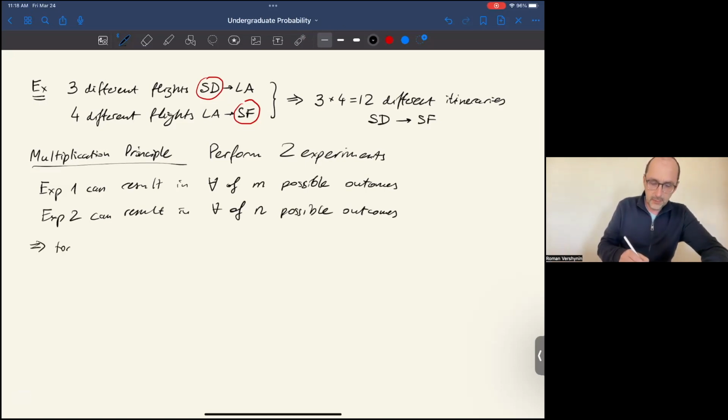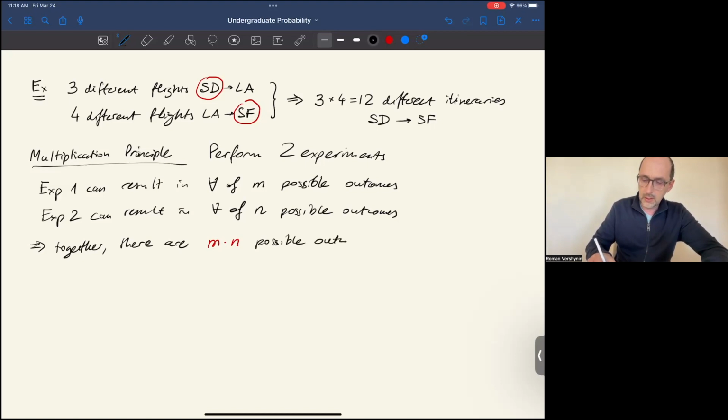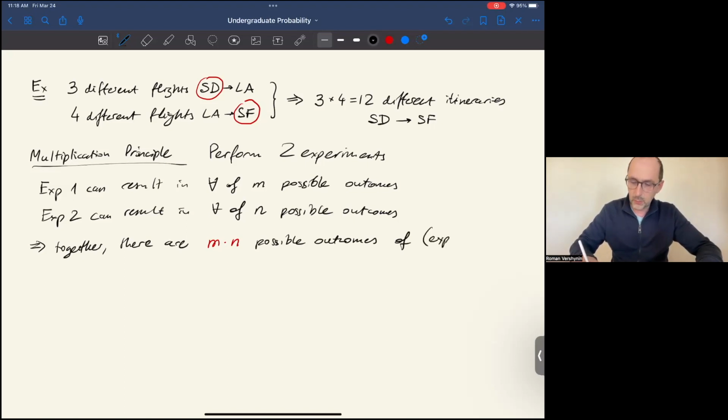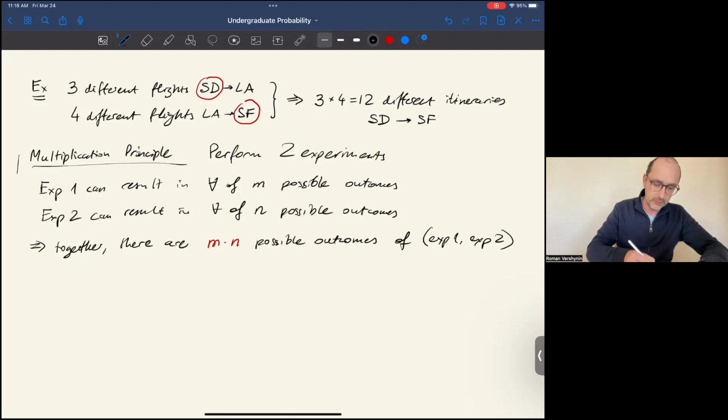Then together, there are m times n possible outcomes of this experiment combined, of the pair of experiment 1 and experiment 2. So if you need, for example, to first do experiment 1 and then experiment 2, then all possible ways to do that is m times n, and that's the multiplication principle. Here we multiply m and n.